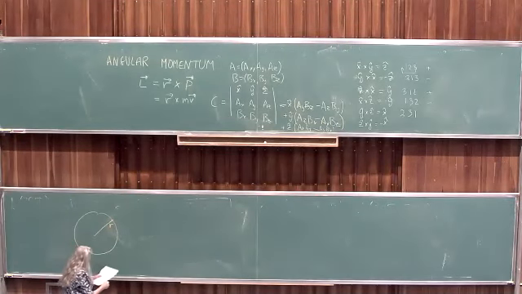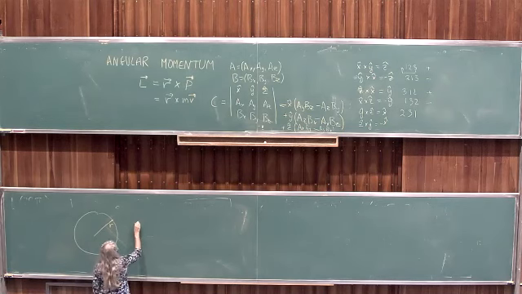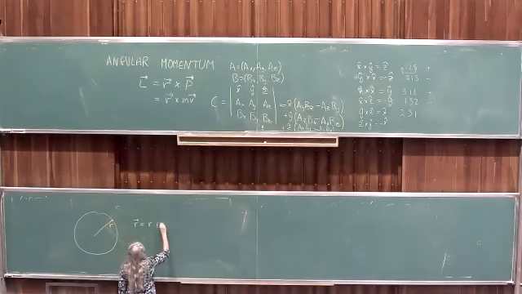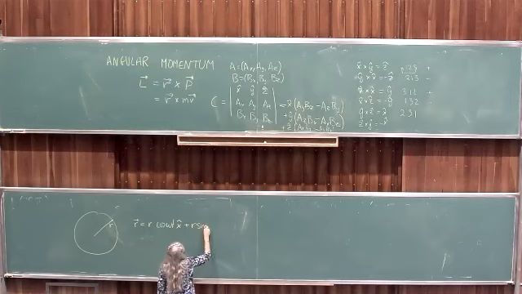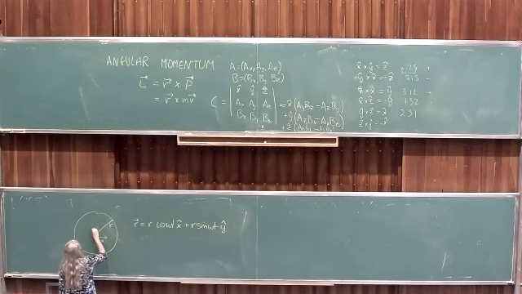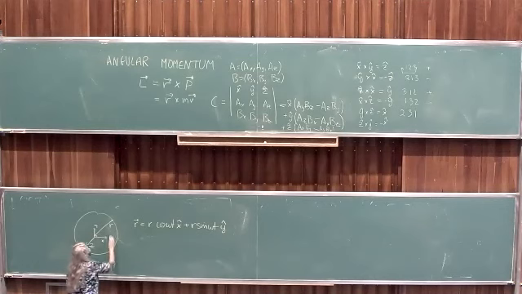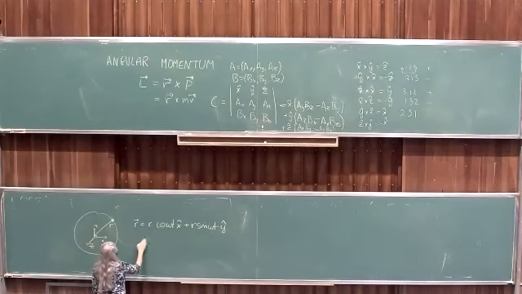So let's go back and look at our circular orbit. If I have my radial vector, I can write r cosine omega t x hat plus r sine omega t y hat. And this is a coordinate system x, y, z with the origin in the middle.